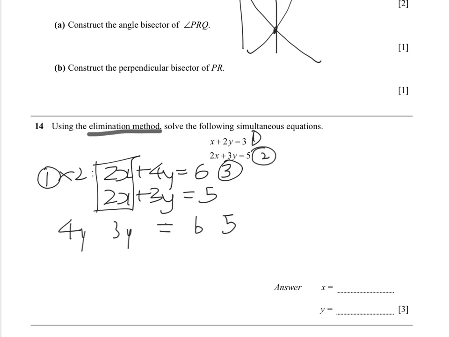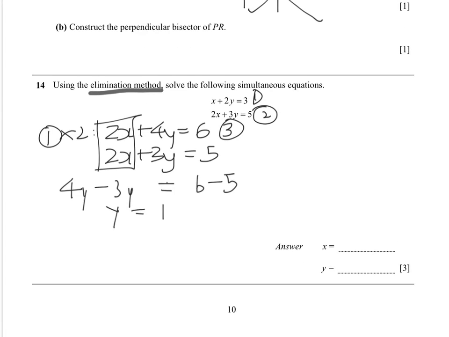It's a minus, so minus minus. So you have y equals 1. 4y minus 3y is y. 6 minus 5 is 1. So the answer for y is 1.